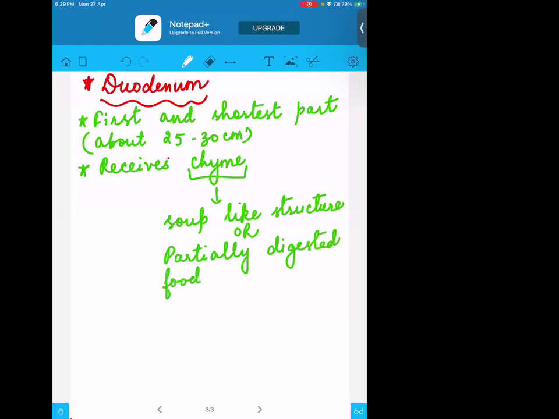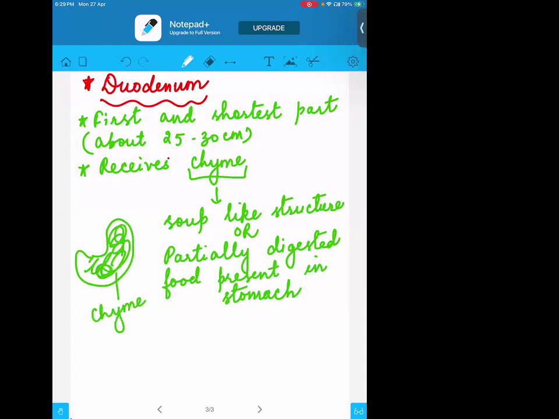Whatever food reaches the stomach, it converts everything into chyme, into a soup-like structure. And this stomach part is connected to the small intestine. And in the small intestine, which part is it connected with?